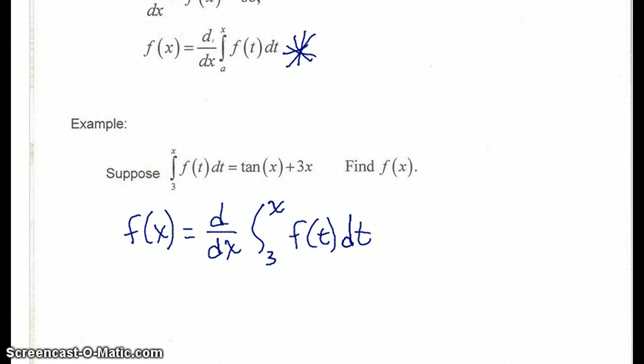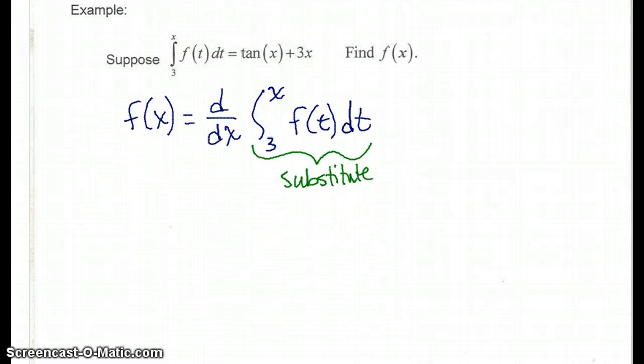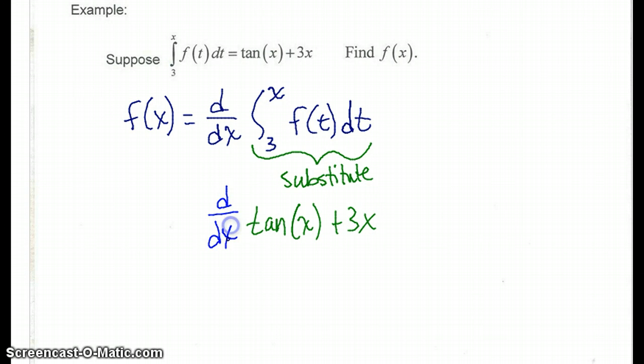Now we want to substitute this piece, the integral, which is actually equivalent to tangent of x plus 3x, and we want to take the derivative of this quantity to find our f of x value.